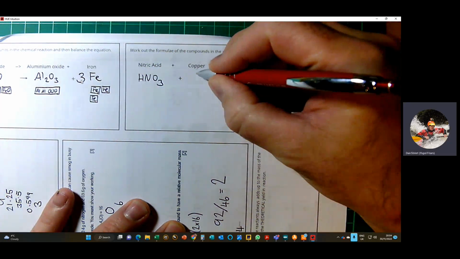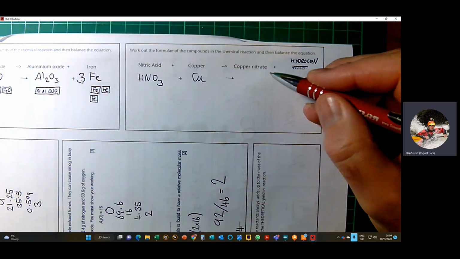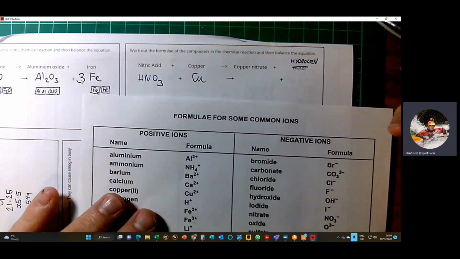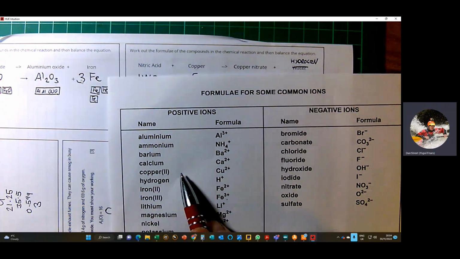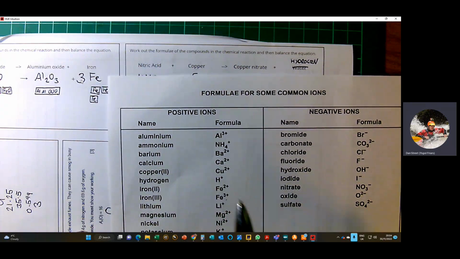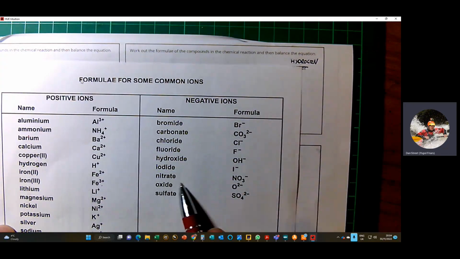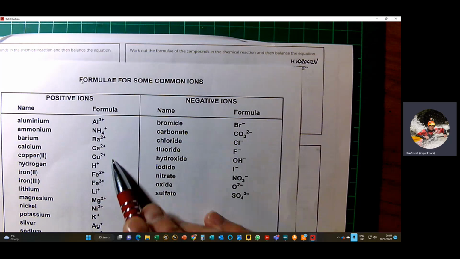Copper is Cu. Copper nitrate, we need to have a look at the formula list again. So copper is around here somewhere. There we are, copper 2. There's only one form of copper shown here, so it's a 2+. The nitrate ion is NO3-. So we need 2 of those to electrically balance one of those.